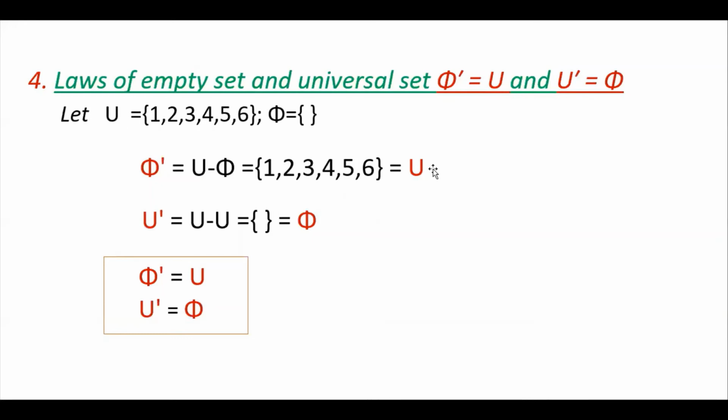Therefore, the complement of the empty set is equal to the universal set. And similarly, if you complement the universal set, that is U minus U, that is an empty set. So the complement of an empty set is the universal set, and the complement of the universal set is an empty set.